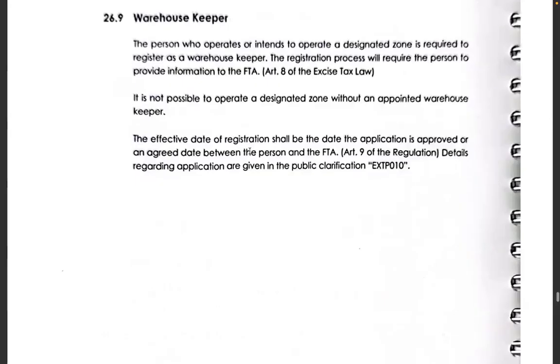The effective date of registration shall be the date the application is approved or an agreed date between the person and the Federal Tax Authority. Details regarding application are given in the public clarification EXTP 010.